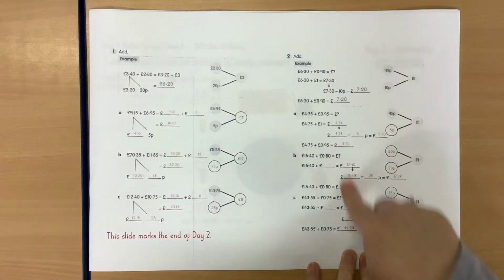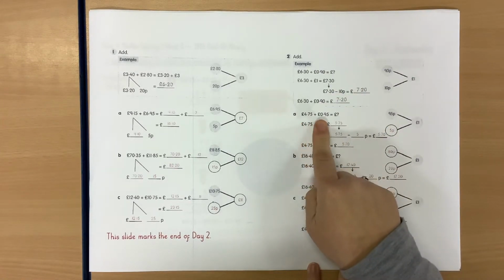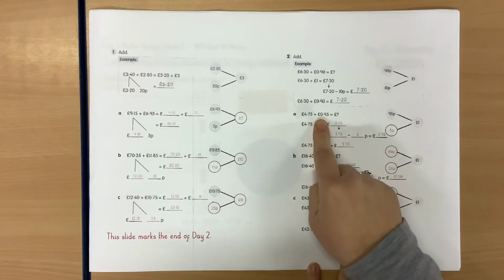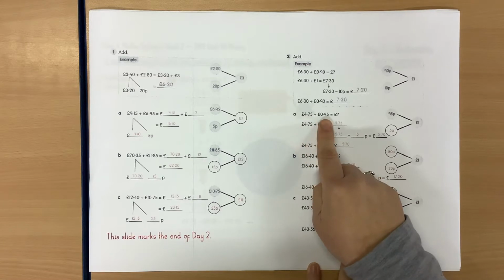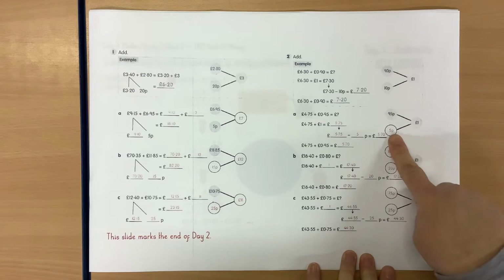In the second question, we look at the first one, £4.75 plus 95 pence. I also know that if I add £1 onto an amount of money, it's easier than adding 95 pence. If I add £1 on, I am adding on 5 pence too much.